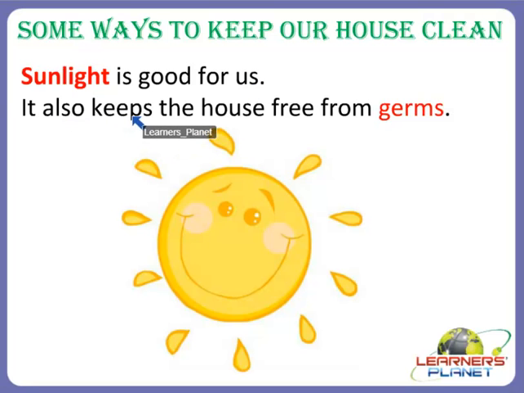It also keeps the house free from germs. So children, a house should have doors and windows to let lots of sunlight in. Why? Because sunlight is good for us and it also keeps the house free from germs.